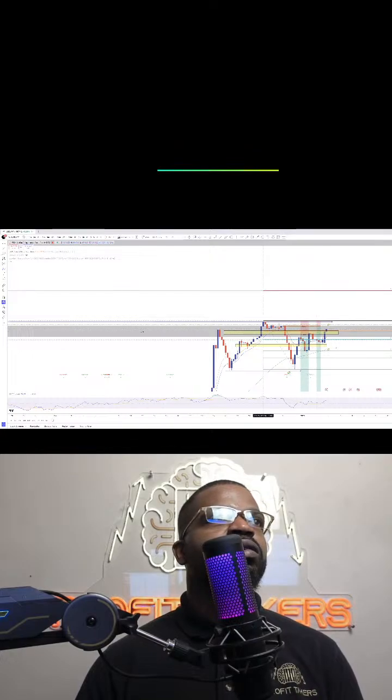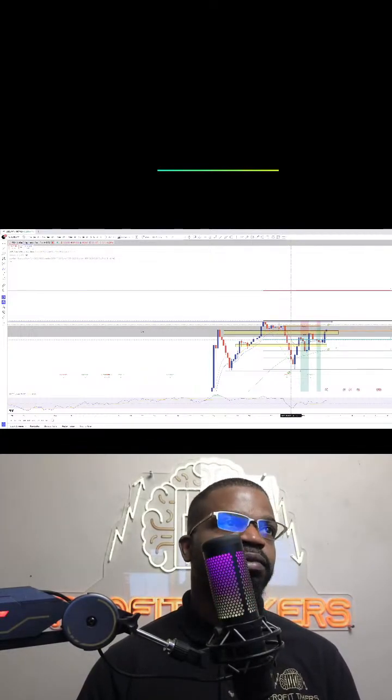Right now, these highs are the thing that's standing not in the way, but standing as the final test. We got these highs being created. Right there is where we get a break of that uptrend. Price starts moving to the downside. We retest these lows and get pretty healthy price movement to the upside.